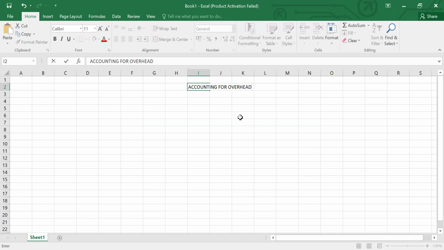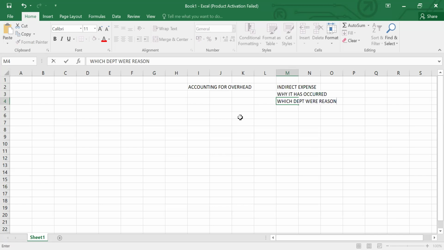So what we do is that whenever this kind of overhead, or indirect expense, occurs, we look out for why it has occurred, which departments were the reason for incurring this expense, right?